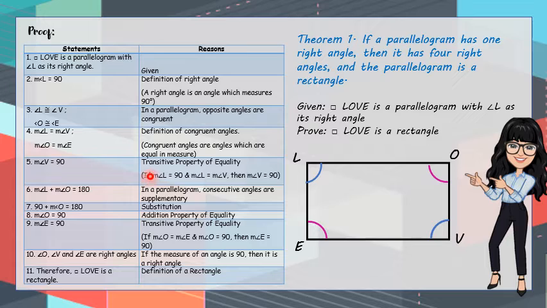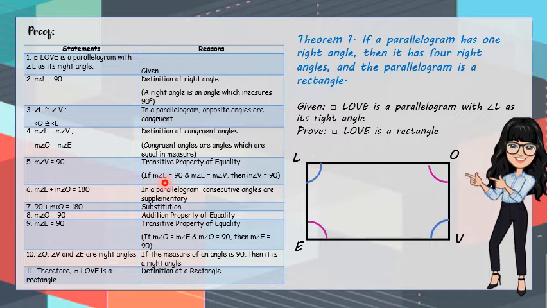And the reason for that, we use the transitive property of equality, wherein if measure angle L is equal to 90 and measure angle L is equal to measure angle V, then we can say measure angle V is equal to 90. It's about eliminating the like variables here.